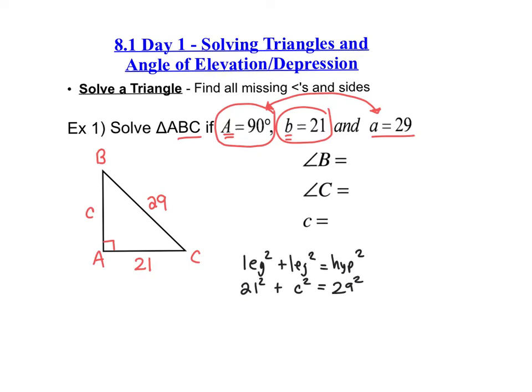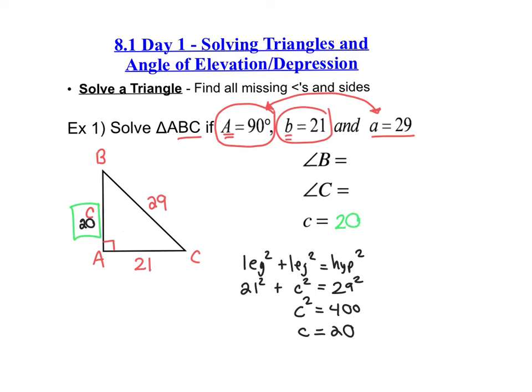And if we do 29 squared minus 21 squared, c squared will equal 400, and if I take the square root of that, c is 20. This happens to be one of the less commonly known Pythagorean triples, but it is a Pythagorean triple. So once we've gotten this first side, c being 20, now we can move on to our angles.